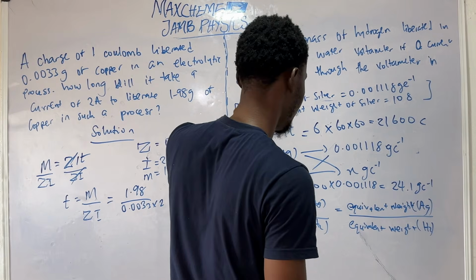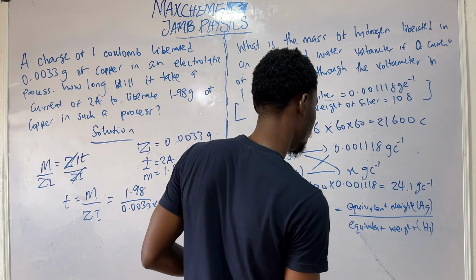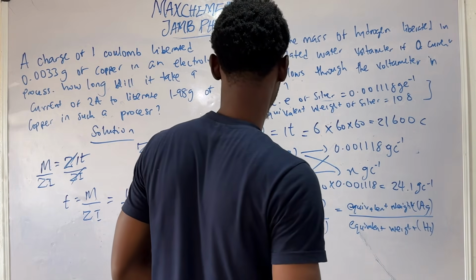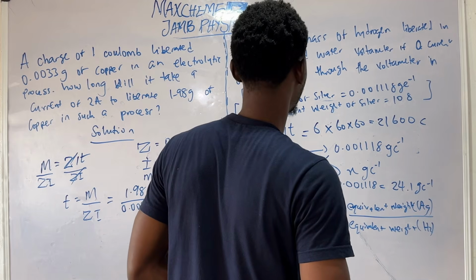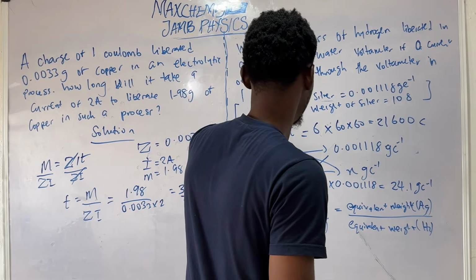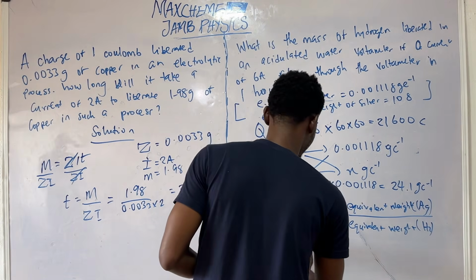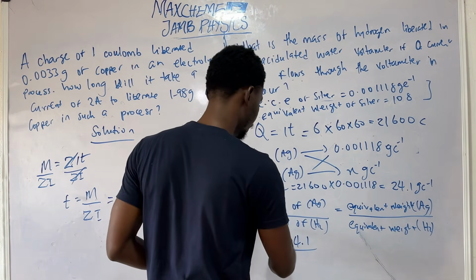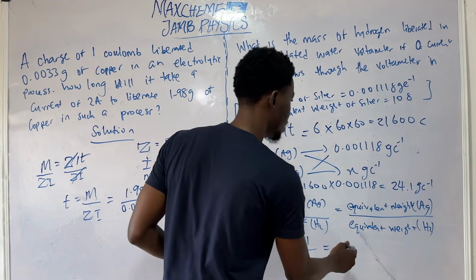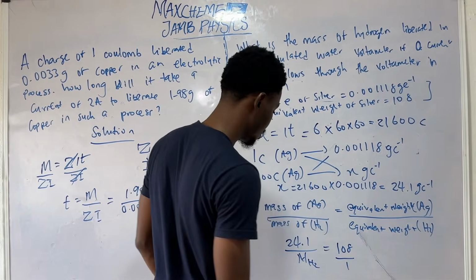Okay, so the mass of silver here is 24.1, over the mass of hydrogen, which is what we are looking for, and that is equal to the equivalent weight of silver, given here as 108, over 1, the equivalent weight of hydrogen. Let's make the mass of hydrogen the subject of formula.